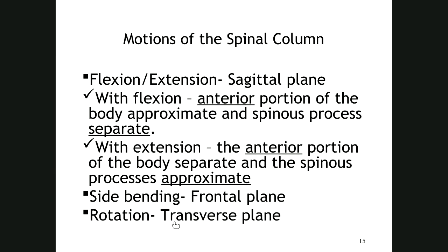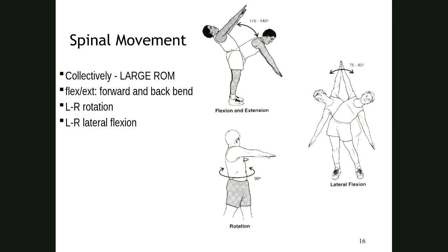Okay. So spinal movement, collectively, we have a large amount of range of motion if we look at the spine from top to bottom. Just repeating the motions of the spine, we have flexion extension, also referred to as forward and back bend. We have left and right rotation, and we have left and right lateral flexion as well.